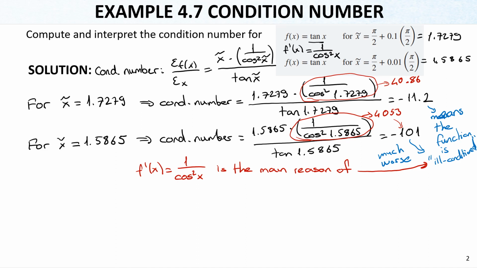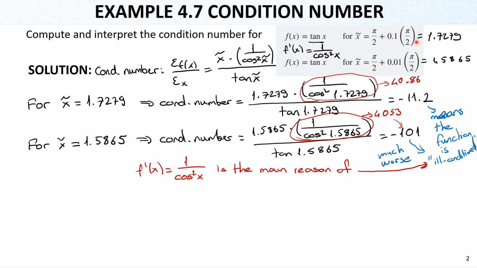This makes sense because near pi divided by 2, near 90 degrees, the tangent approaches both positive and negative infinity. So adding a very small deviation to pi divided by 2 pushes this toward infinity, and it increases this value. We need to be away from the 90-degree value or pi divided by 2 value as much as possible.